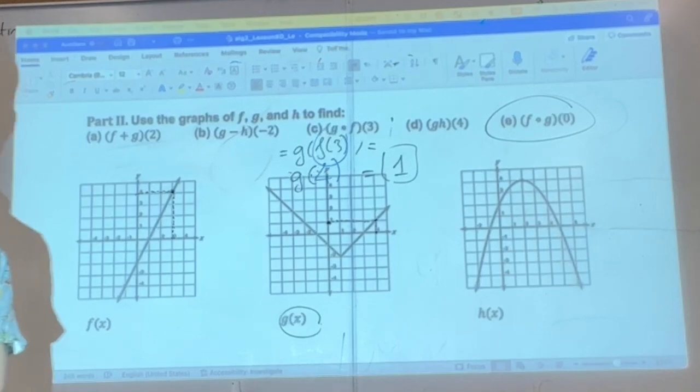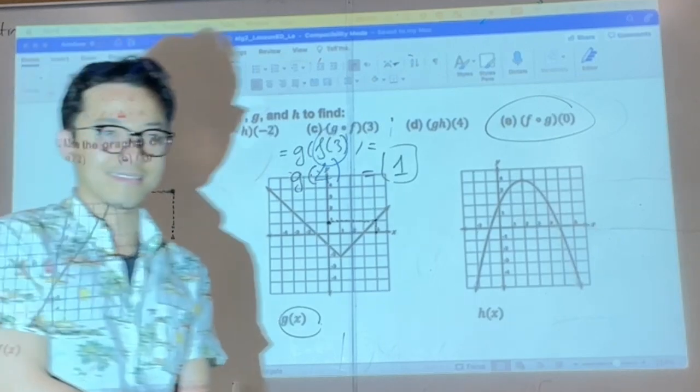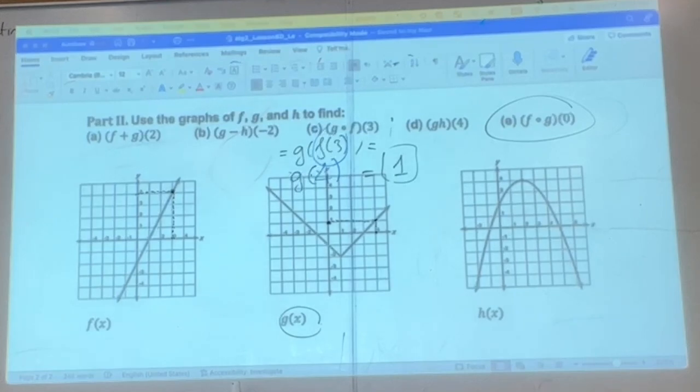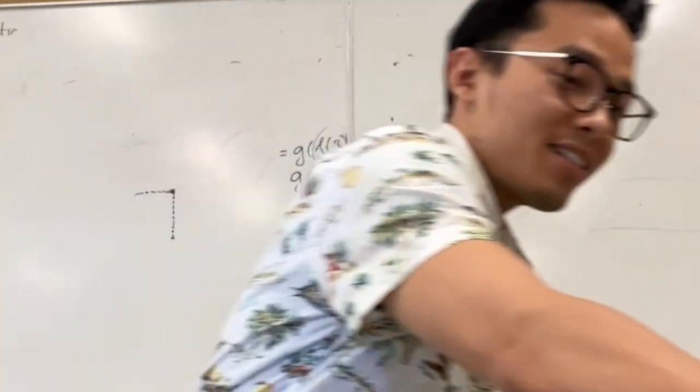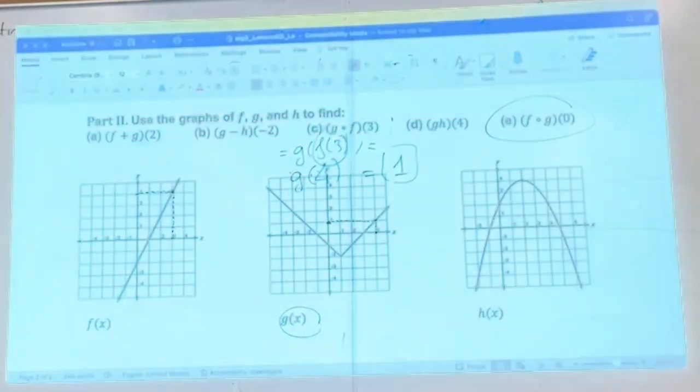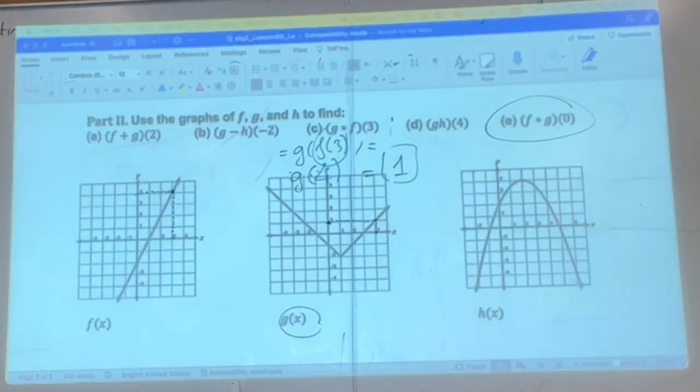Let me know if you have the answer. Wait, hold on. You're done? F of G of 0. What do you need to find first? That is the thing. Which one is closest? Show your hand so you can see the answer.